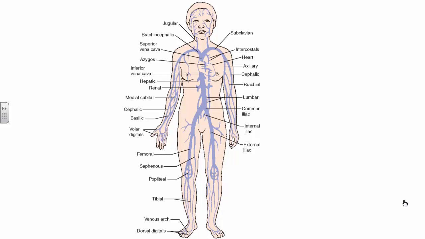Eventually all of these veins reconnect with the vena cava: the inferior vena cava, which brings the blood up from the lower parts of the body, and the superior vena cava, which brings it from the upper parts of the body.